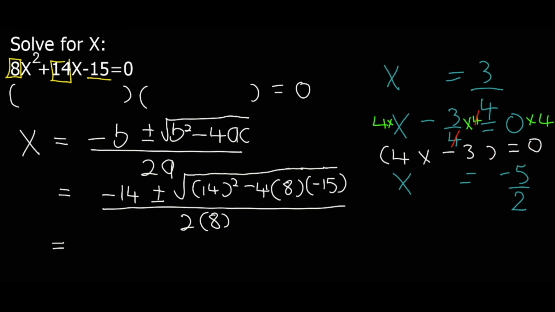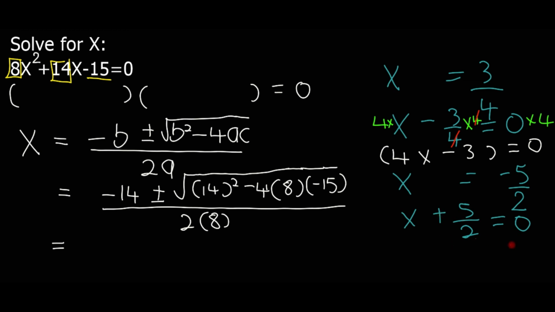We do the same with this one: you will have x plus 5/2, because you take it and bring it to the x, the sign changes and becomes positive, and on this side you are left with 0.